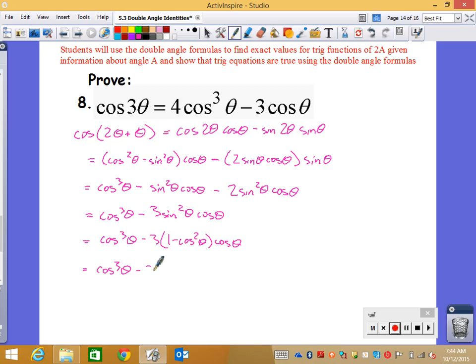This becomes minus 3 cosine theta. Now I have a minus 3 times a minus cosine squared theta cosine theta, so these minus signs cancel. It becomes a plus 3 cosine cubed theta. Now notice I have a 1 cosine cubed and a 3 cosine cubed. So I have 4 cosine cubed theta minus 3 cosine theta, which if you look up top is exactly what I want.